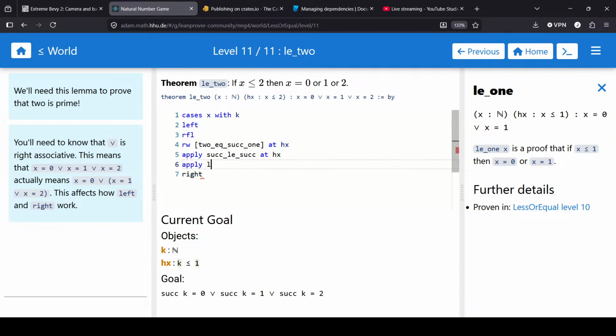Okay, what if I apply le 1 at hx? And I get u. So I get k equals 1 or k equals 0. And then I should probably cases u, right?